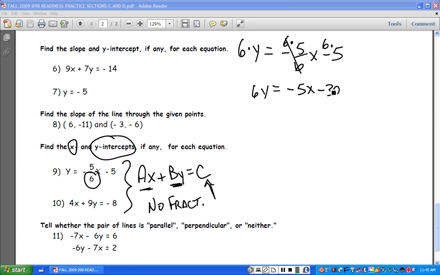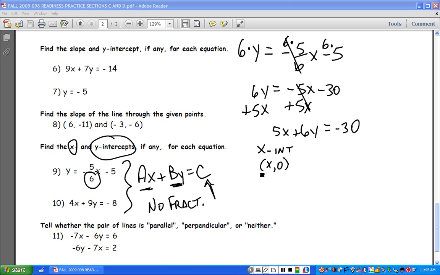Okay, so now I've gotten rid of the fractions. So now once the fractions are gone, I can move my x over here with my y. So my equation is in form. I have my x and my y on the same side, my constant over here on the other side of the equation by itself.